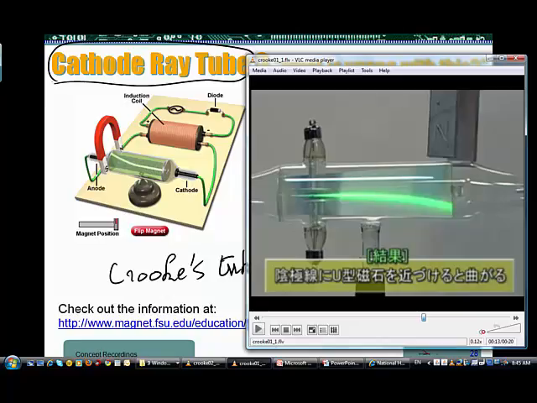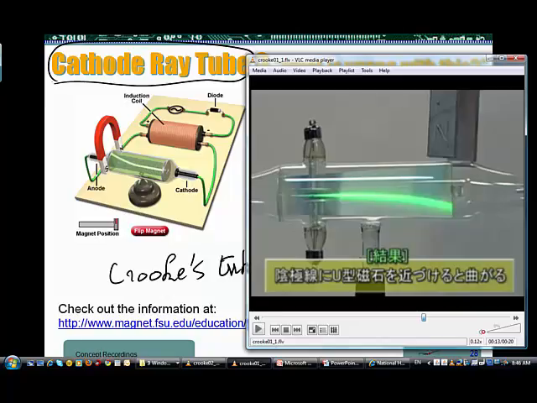If we use the right-hand rule, our thumb should be opposite to the direction of motion of the electrons. Remember, because they are negative charges, it should be opposite to the direction of motion, as opposed to positive charges, where it is in the same direction as the velocity.